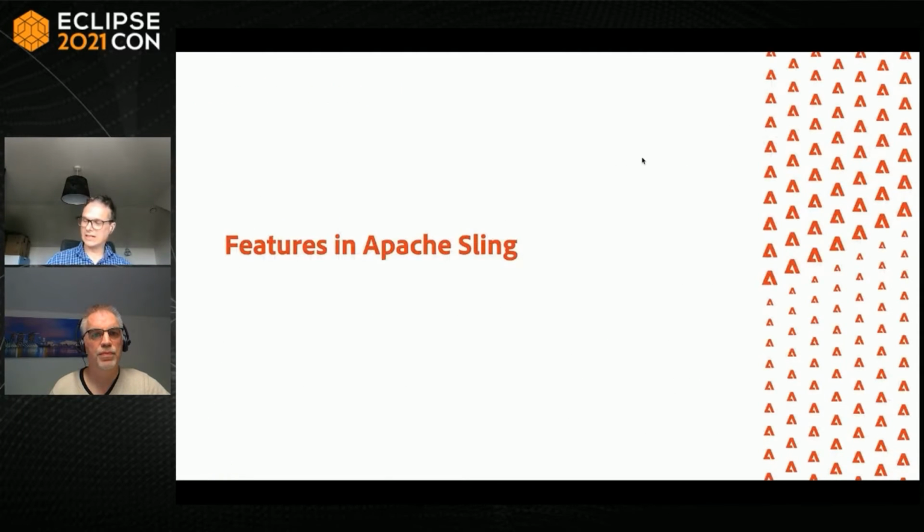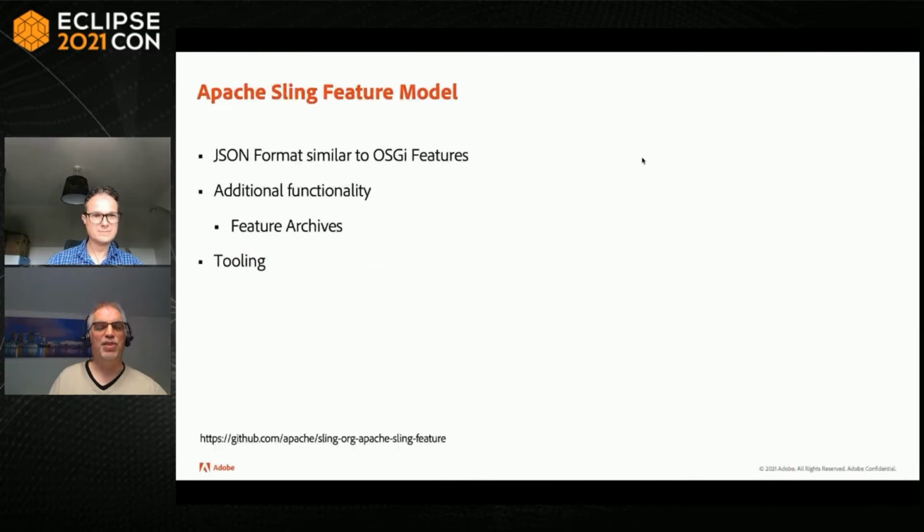Now, features are heavily influenced by Apache Sling features, and Carsten is going to talk about them now. Yes, right. Thanks, David. So basically, like I think 4 years ago, we started a new approach in Apache Sling and wanted to define a new feature functionality. And we came up with what I'm presenting now.